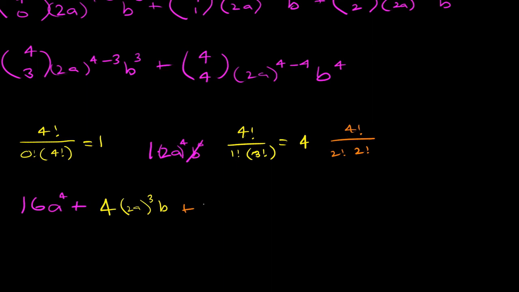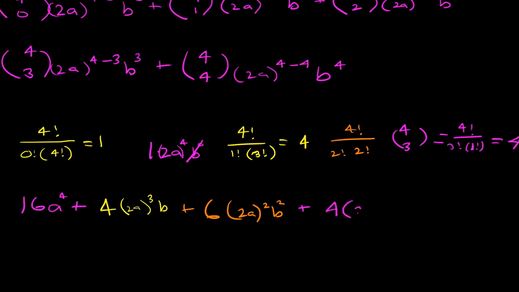This is 6 times 2a to the power 2 times b squared, plus 4 choose 3, which is just 4 factorial over 3 factorial times 1 factorial, which is just 4. So this is plus 4 times 2a to the power 1 times b cubed.